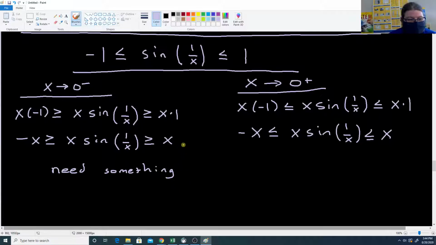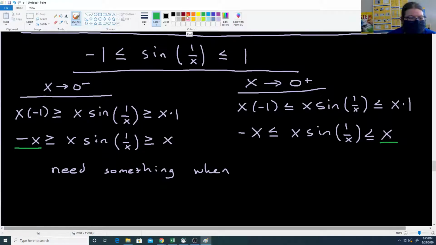Okay, so we need something that when x is negative, so we're going to try to build the upper function here. x sine of 1 over x is bounded above by negative x when x is negative, and it's bounded above by positive x when x is positive.